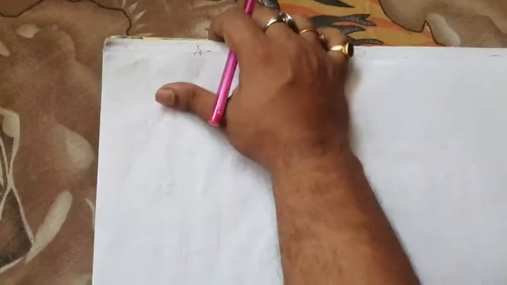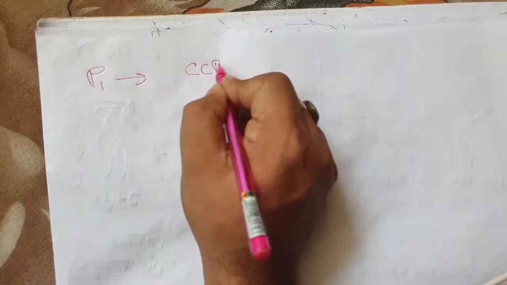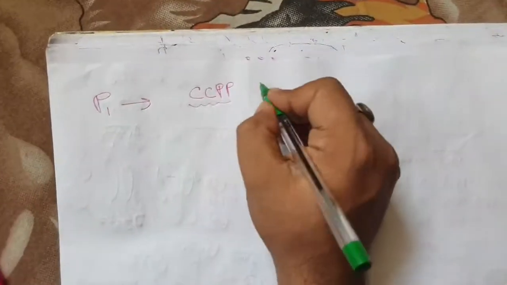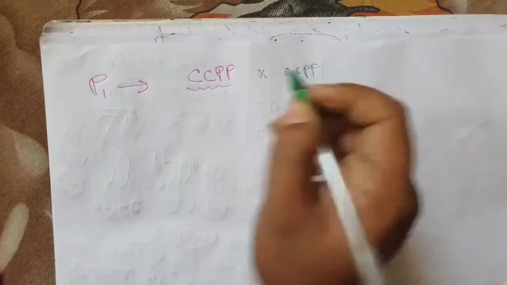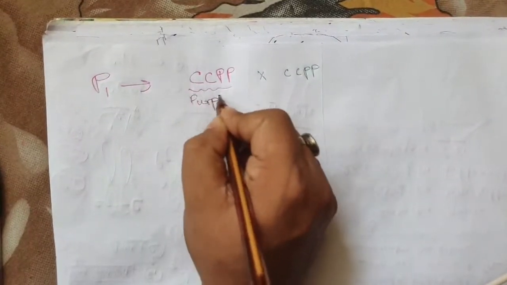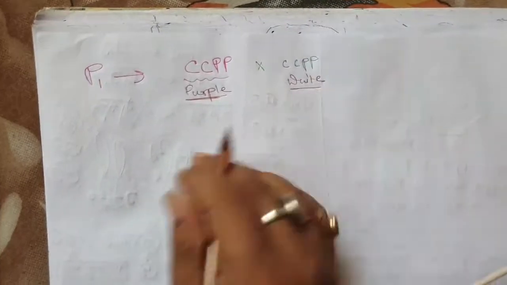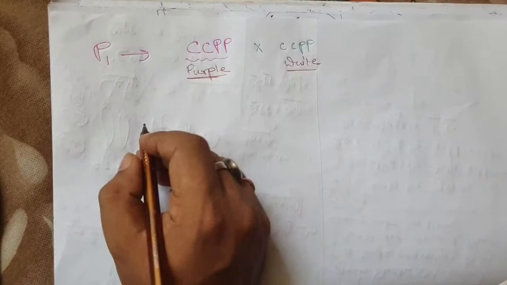Now, what actually happens is, suppose we take the parental P1 generation to be capital C capital P, homozygous dominant for both the genes, crossed with small c small p. This will give purple colored flower and this will give white colored flower.